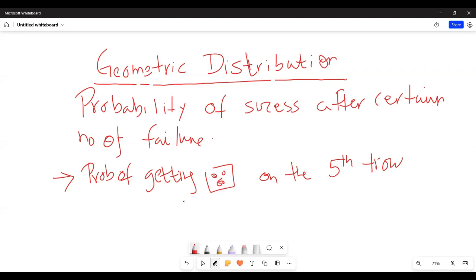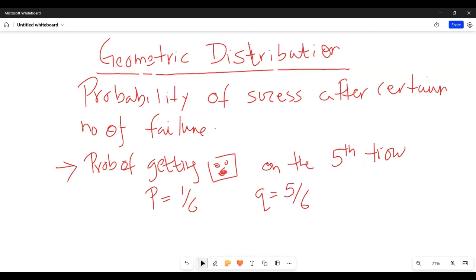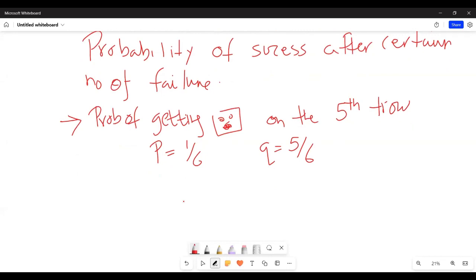So the probability of success is getting a 3, which is 1/6. The probability of failure is not getting a 3, which is 5/6. The probability of getting a 3 on the 5th throw is represented by probability X equals 5.